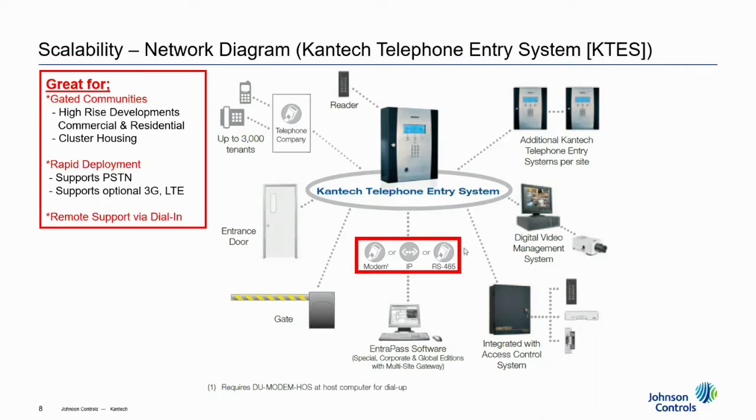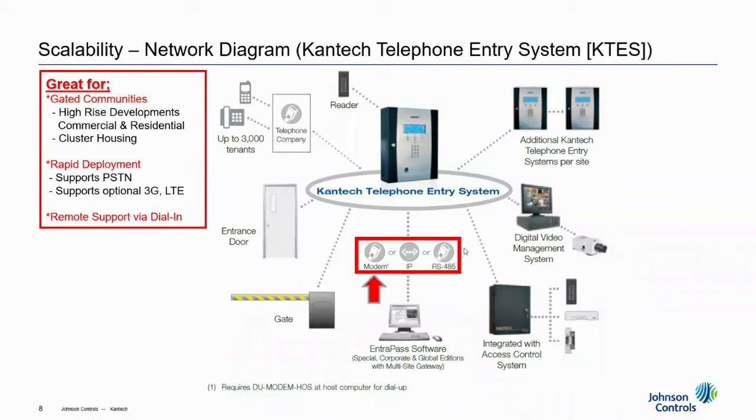So we have cases whereby, in a gated community, that gated community only purchased 2 units of this KTES. KTES comes with EntraPass software, but they did not install it. So the system integrator is able to manage this KTES, because this site doesn't even have a guardhouse.